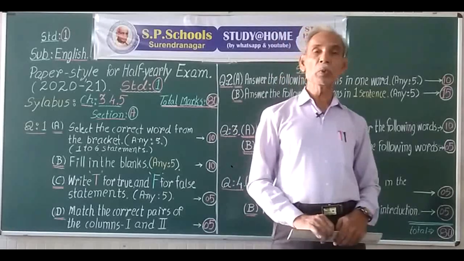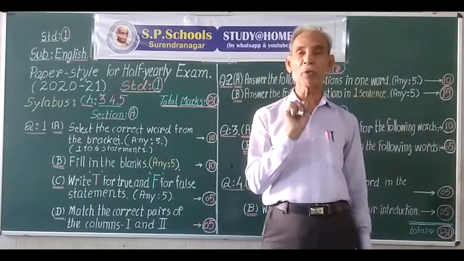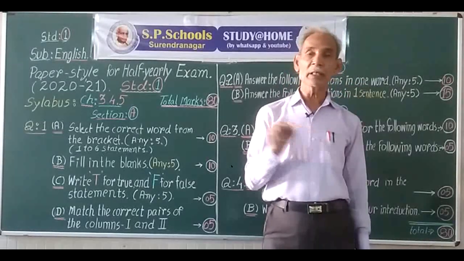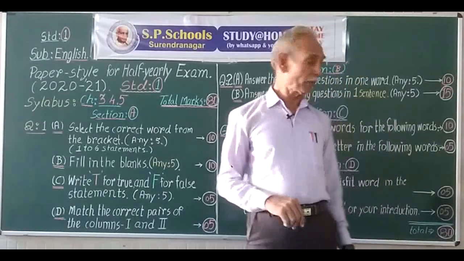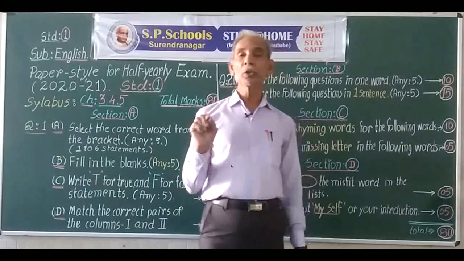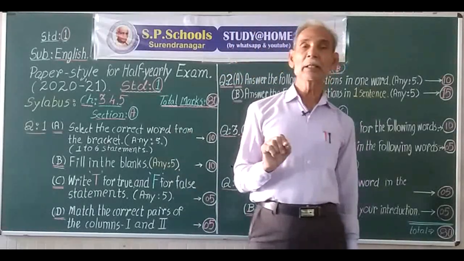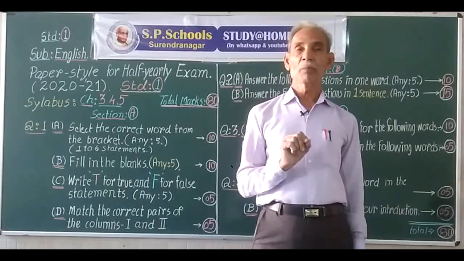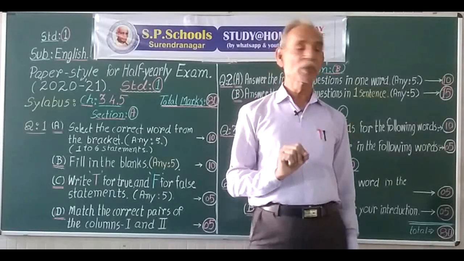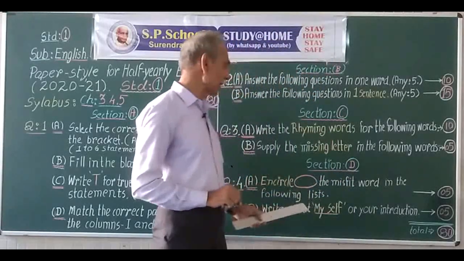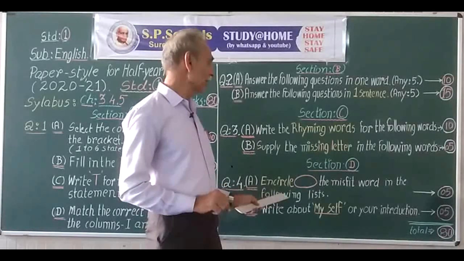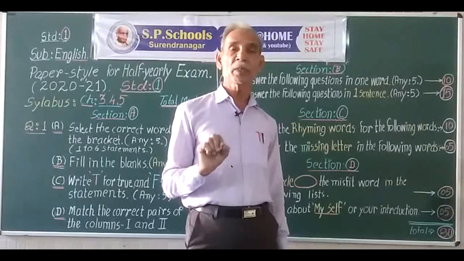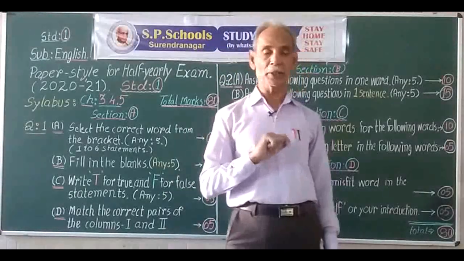So you have to find out the misfit word and circle it in that list. In that way, you have to encircle the misfit word in each of the lists. This is a very easy exercise. You simply have to point out the misfit word and encircle it.